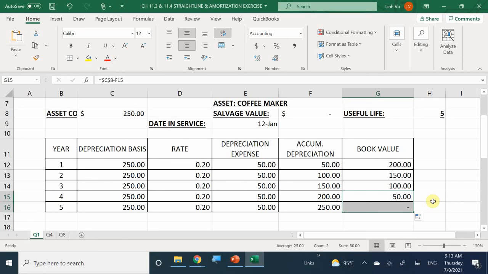So that's why a lot of companies like this, because it is that easy. And on top of that, think about it: all corporations are going to have millions and millions of fixed assets. This is a way that they don't have to keep track of it. This is a way that they can simply calculate it. They don't have to figure out how much they have to depreciate for that year, that month, that day.